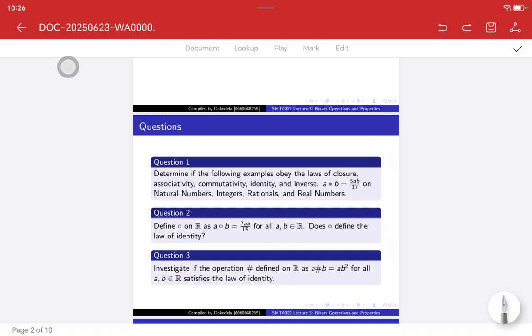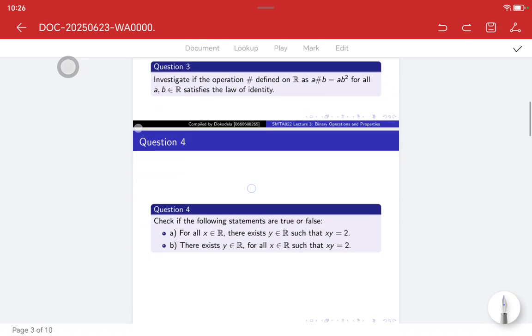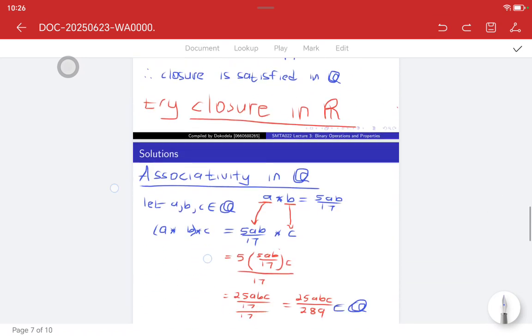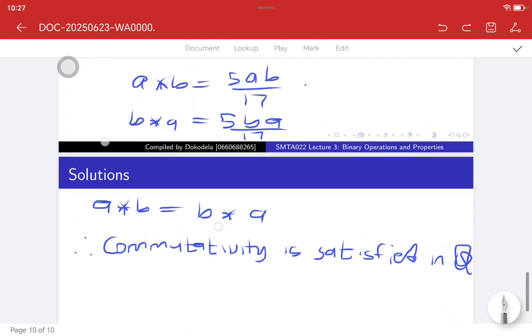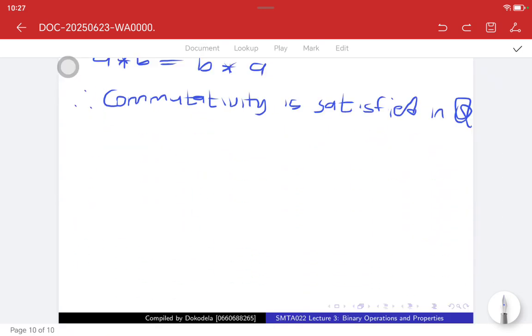Remember, if identity is not there, we cannot check inverse. That's why we need to check identity before inverse. If we find the identity, it means that we can check if the inverse is there. So now we come to check identity.